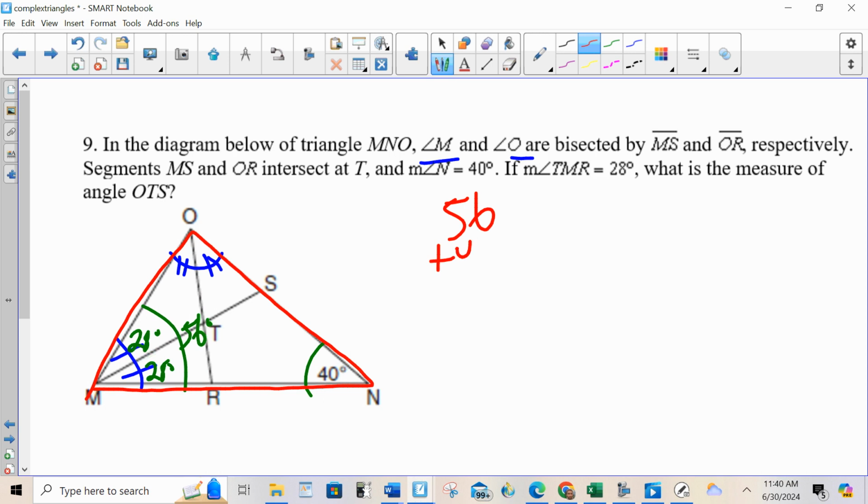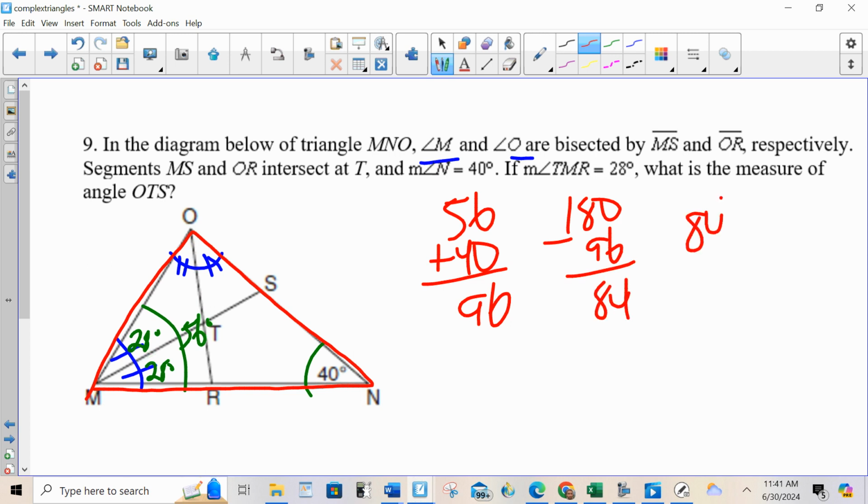56 plus 40 is 96. 180 minus 96 is 84. 84 divided by 2 is 42. So this is 42 and 42. I see another triangle where I now have two angles and I can find the third.